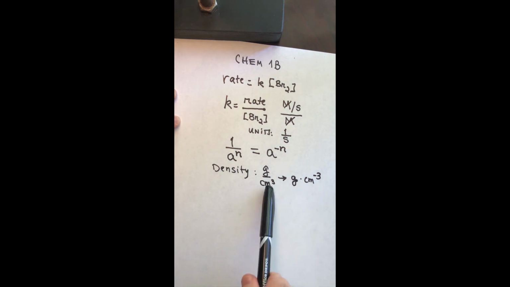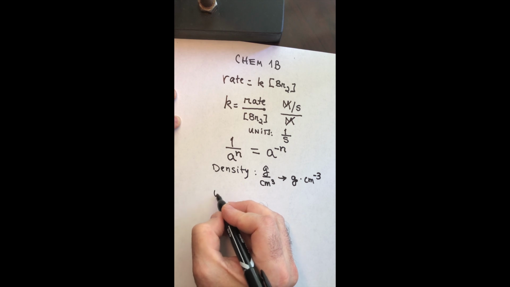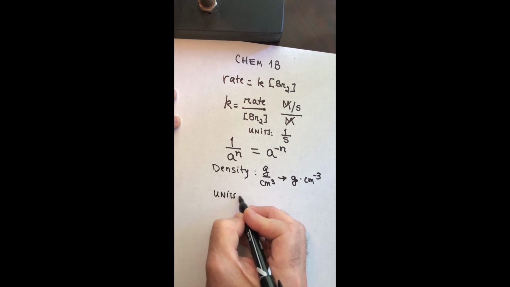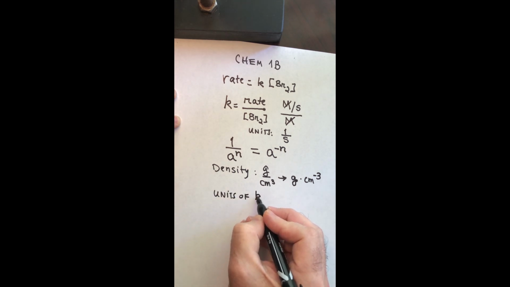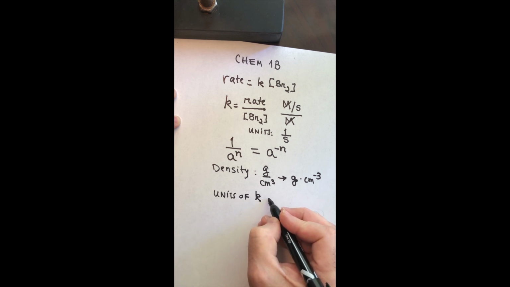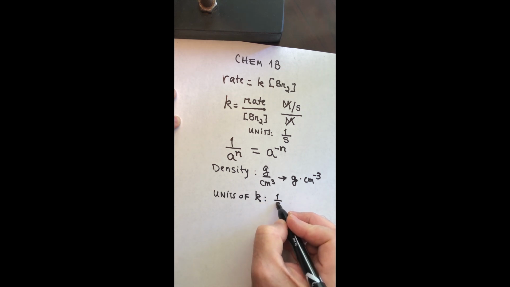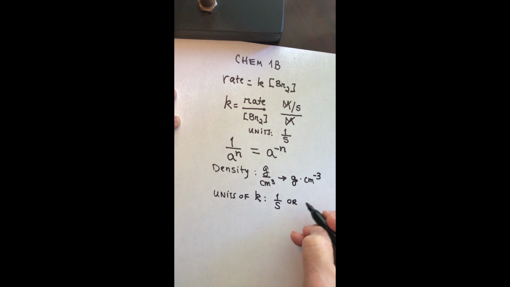And that is exactly the same. So therefore, we can express the units of k in this particular instance as either 1 over s, or, because sometimes in a word processor it's hard to insert fractions, we can express it as s to the negative 1. And that is how we got the units of the rate constant in this case.